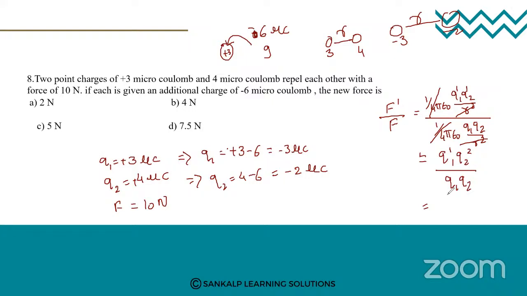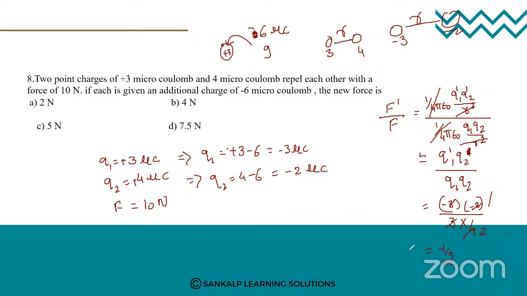The new charges are minus 3 and minus 2, divided by 3 and 4. So this 3 we can cancel, and here it is 2 by 4. 2 ones are 2, 2 twos are 4, therefore it becomes minus 1 divided by 2.